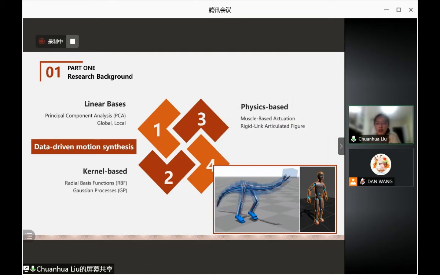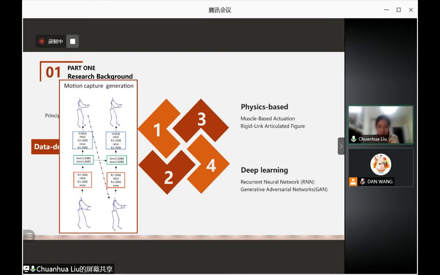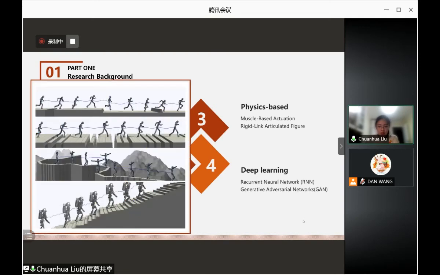Physical-based includes muscle-based operation and rigid-link articulated figures. And deep learning has RNN and GAN.